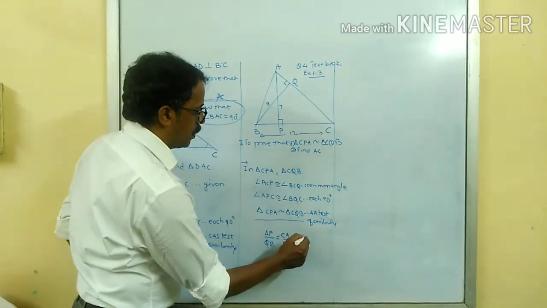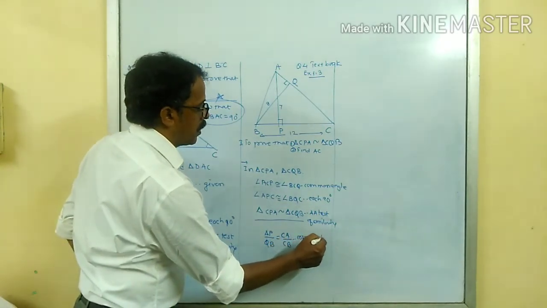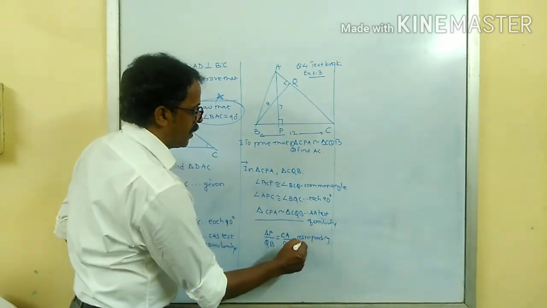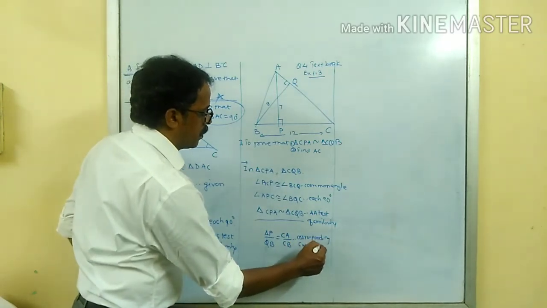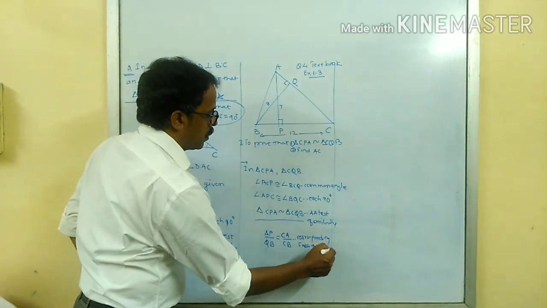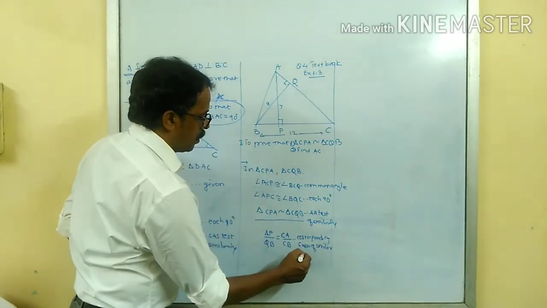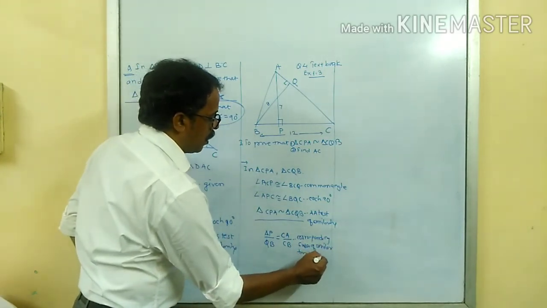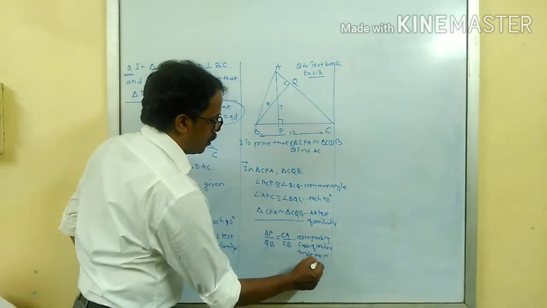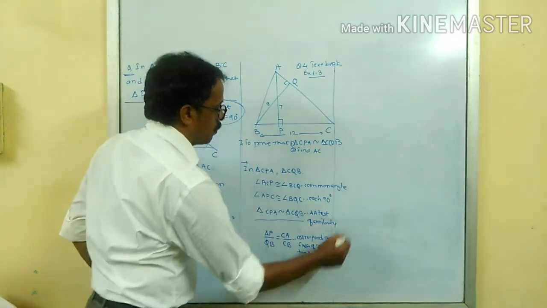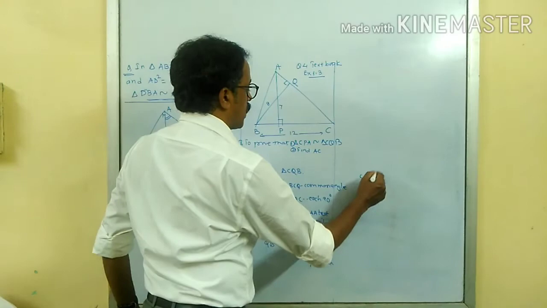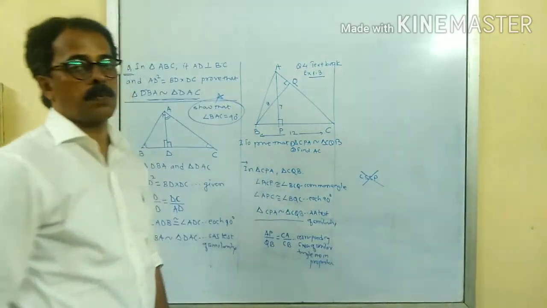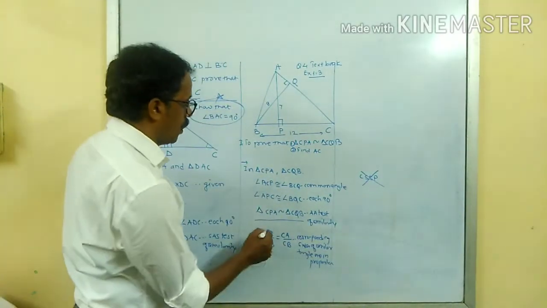What is the reason? Corresponding sides of similar triangles are in proportion. Many people are asking, Sir, can we write this? No. Okay.